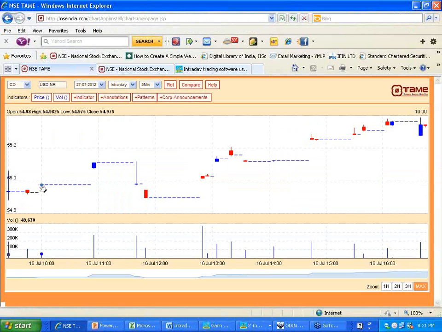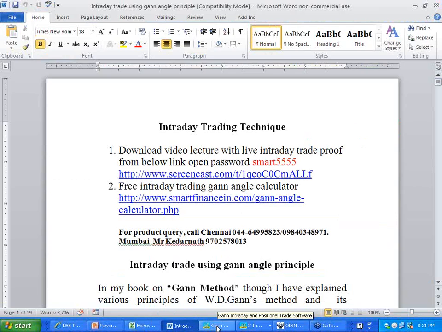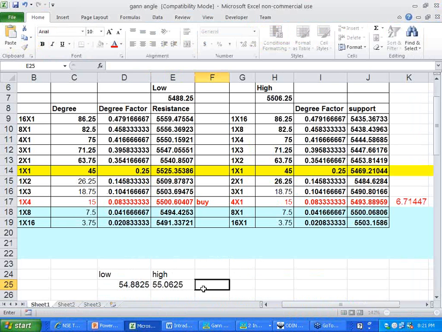I need to see where I am now. So at 10 o'clock I am at 54.975. So 54.9750, I am trading.